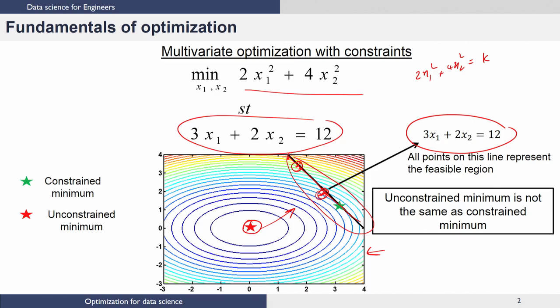So, this is the basic idea of the constrained optimization solution that we are looking for. The key point to notice here is that the unconstrained minimum is not the same as the constrained minimum. If it turns out that the unconstrained minimum itself is on the constraint line, then both would be the same, but in this case we clearly see that the unconstrained minimum is different from the constrained minimum.